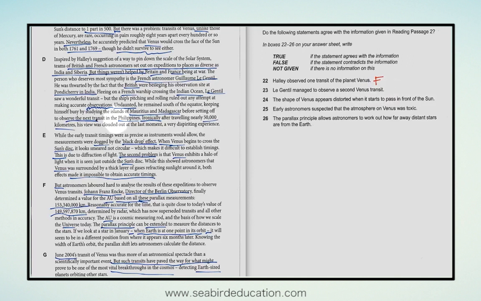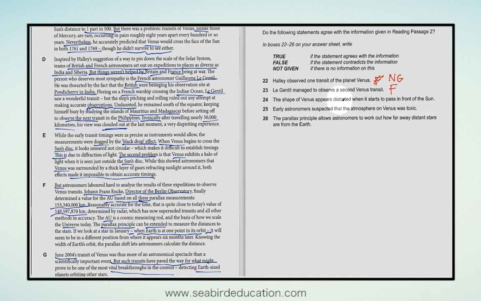After travelling 50,000 kilometers, his view was clouded at the last moment. Must have been within the same year. It doesn't necessarily mean Halley didn't observe. So he didn't. It was clouded out at the last moment. Therefore, that is false. But did Halley observe? We don't know. If he was able to do it, there's a chance that Halley did or could have done as well, and it's not mentioned here.